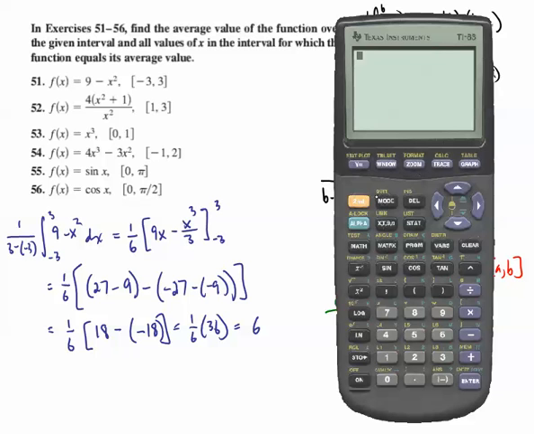And then we want 1/6, so 1 divided by 6 times, and we're going to go to the math key here. At the bottom of the math key, you have this option 9. It's the integral function, and you need to put in the function that you're working with. So we could put in 9 minus x squared.